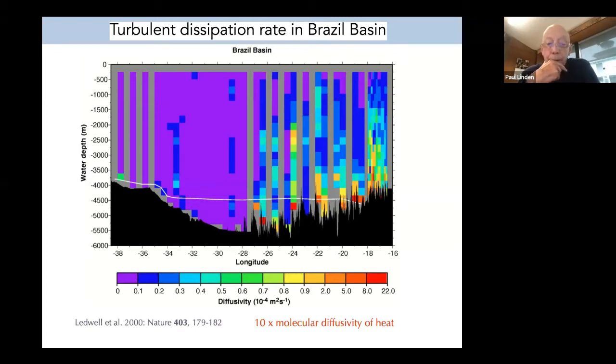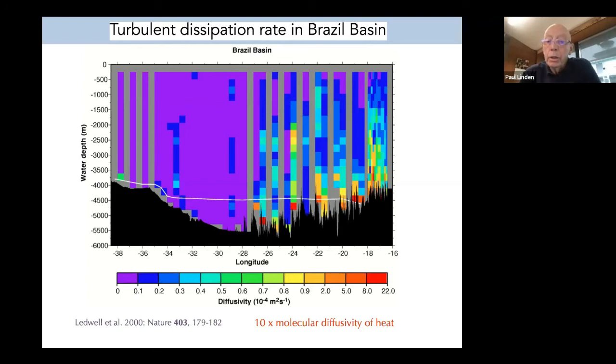as measured in this very important experiment and measurement series carried out by Jim Ledwell and published in Nature 20-odd years ago. And you can see that regions of red and yellow colors imply high diffusivity, so high rates of mixing.